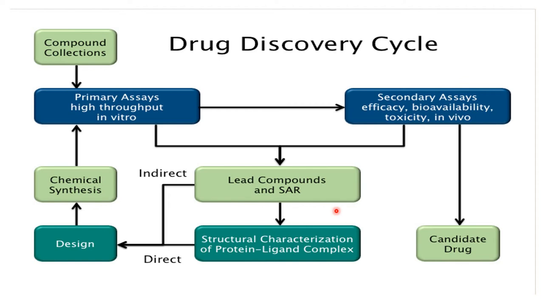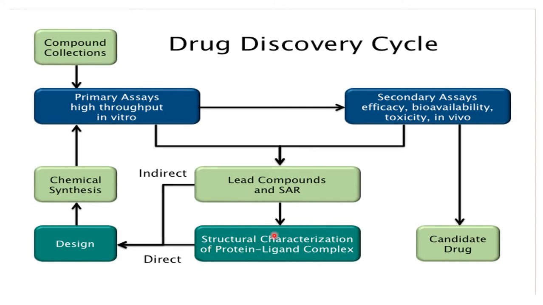It is high throughput screening. And what is the purpose of the secondary assay? It covers efficacy, bioavailability, toxicity, in vivo and in vitro. Now both of these form the lead compound. This lead compound then undergoes a structural characterization process.